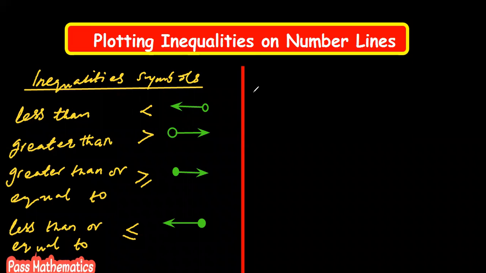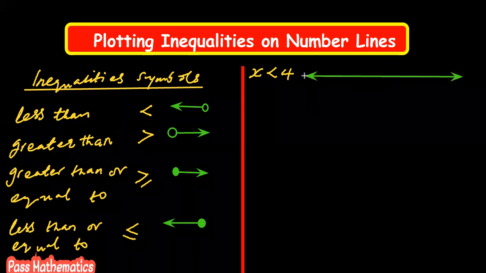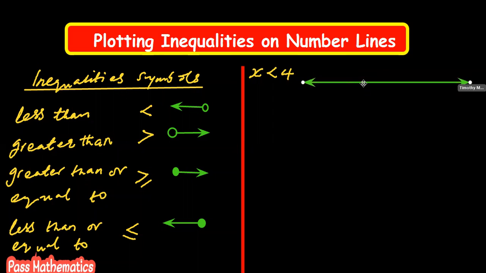For instance, let's say we have x is less than 4. To represent this on a number line, we're going to draw our number line quickly. So x is less than 4, and then we number it.